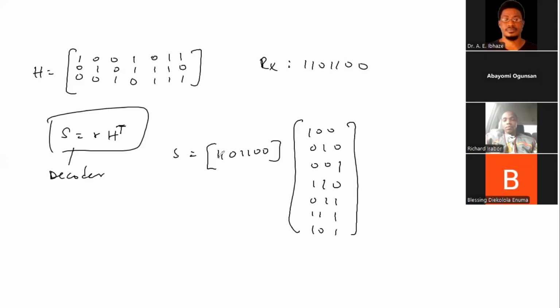So we now multiply this times this plus this times this plus this times this.